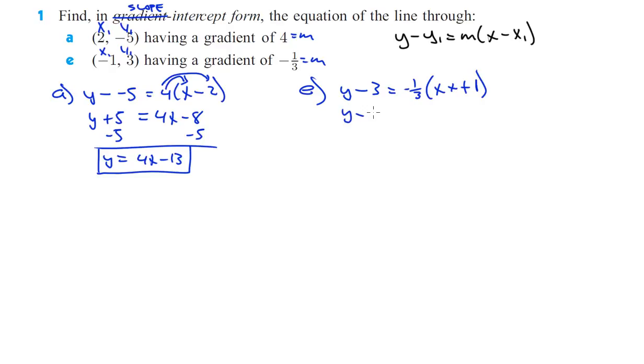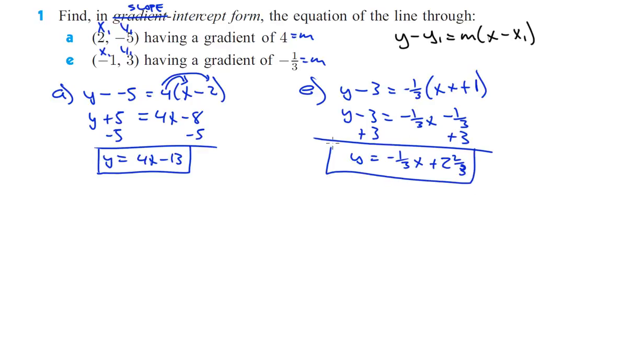So we get y minus 3 equals, distribute that -1/3 through, -1/3 x, -1/3 times 1 is -1/3, and then add 3 to both sides. And we get y equals -1/3 x plus 2 2/3 would be our equation for that one.